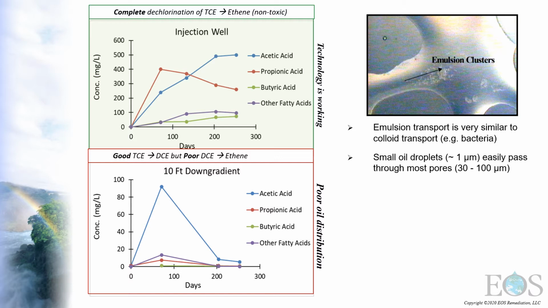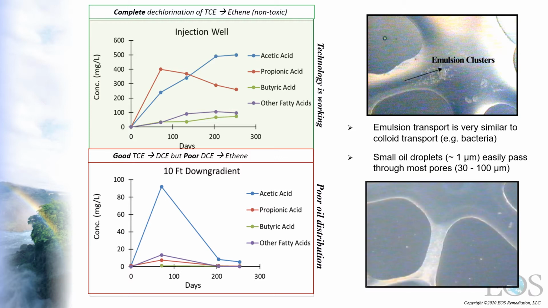They got TCE to convert to DCE, but they did not form any ethene. So they did not have complete reductive dechlorination at this well. So this would be a case where maybe you don't have good oil distribution. And you can see in the image on the bottom right, this is emulsion that has now flocculated and can no longer pass through the pore space of the aquifer. And therefore you wouldn't get transport, and therefore you wouldn't get good degradation.